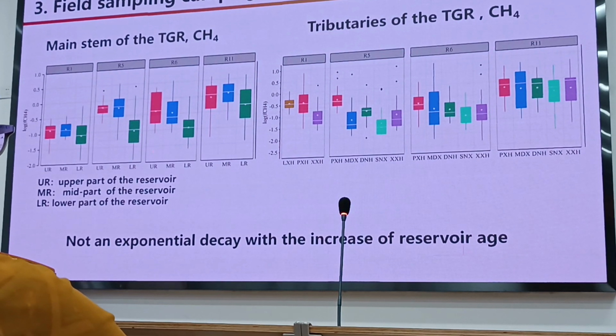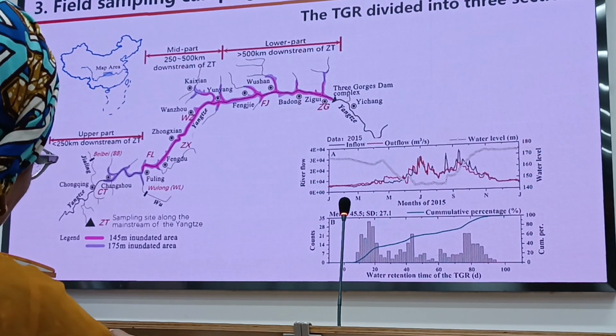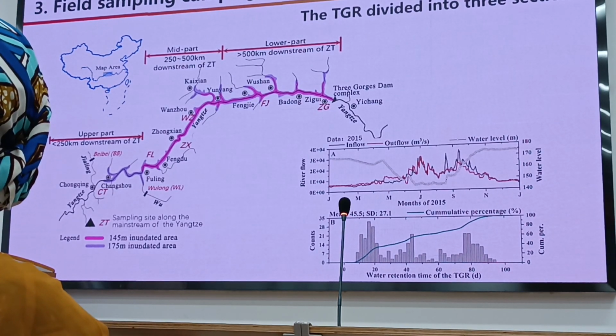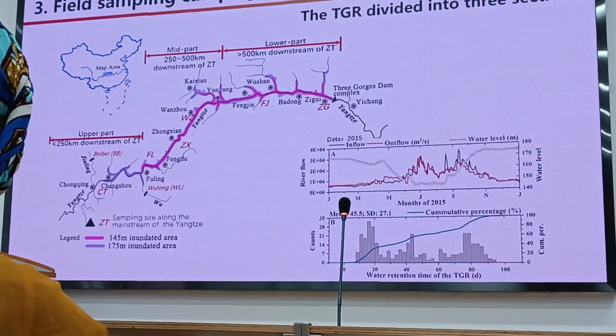Jalil, would you please go back one slide? So the area that is light violet, like the Kaixian and the Wushan, the extremity of it.